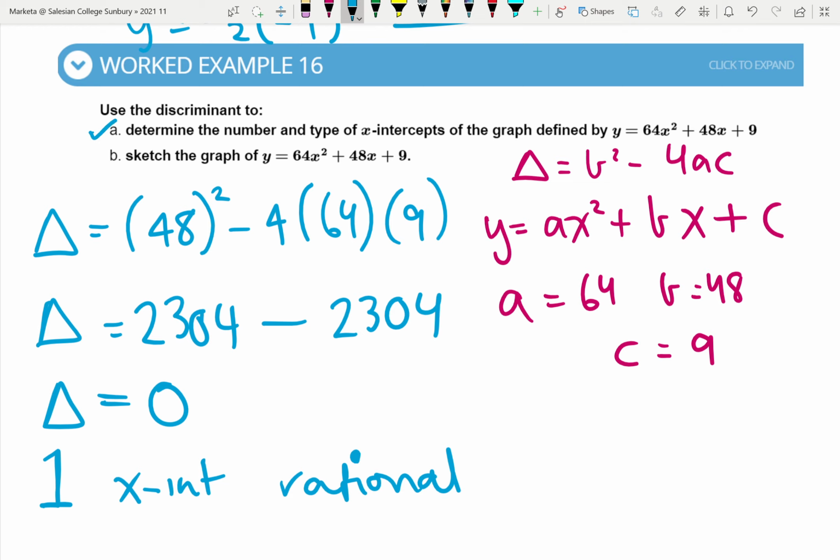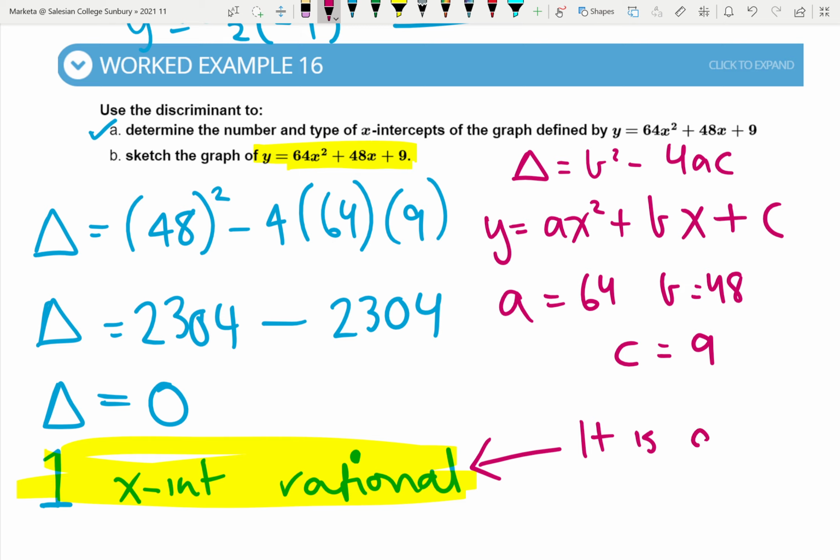So it's a little bit of a tricky one actually, because of the numbers being so big, but why we had to do this first was to find that there was one rational solution. This gives us the clue, and the clue is that it must be a perfect square. Well, I guess I should write that on the equation.